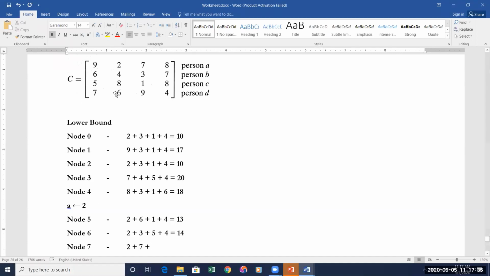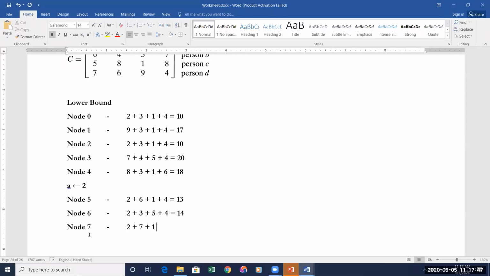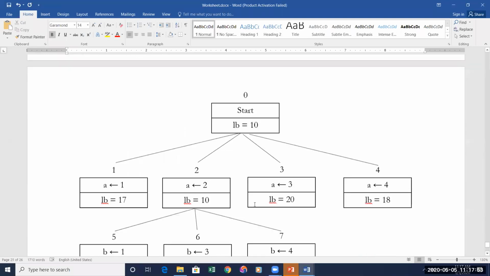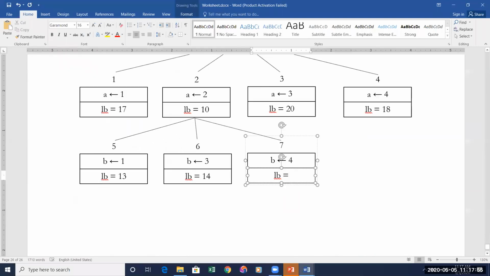That means second column and fourth column are used. Now you are supposed to use the first and third column. For person C, 1 is minimum. For person D, 7 is minimum out of 7 and 9. So 1 plus 7. 14 plus 3, you will get 17.